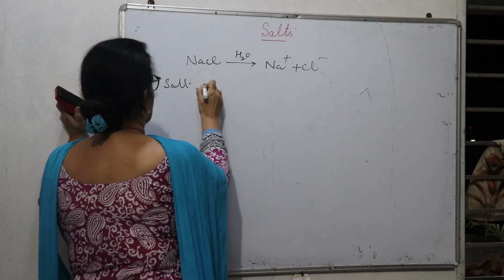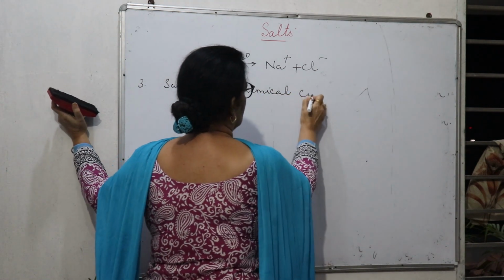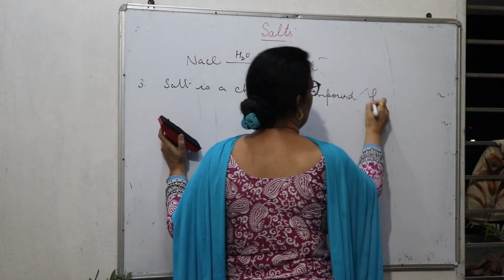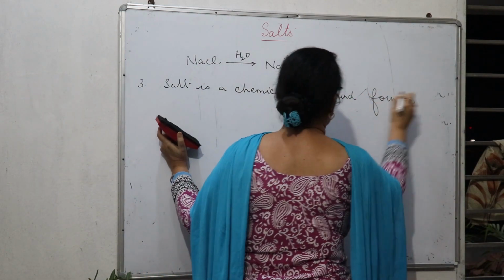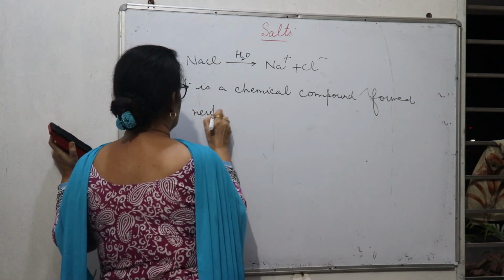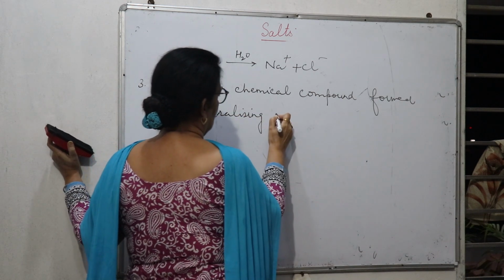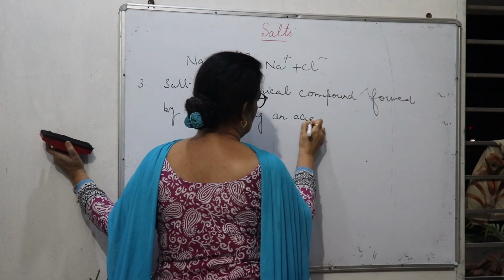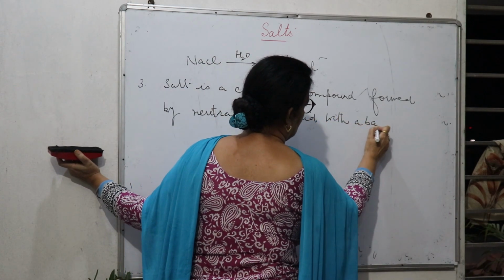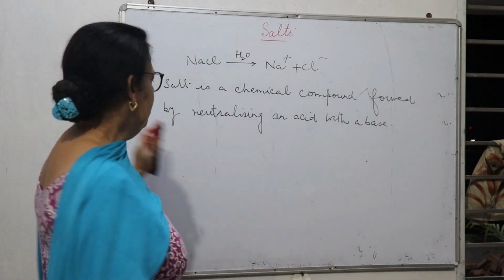salt is a chemical compound formed by neutralizing an acid with a base. By neutralization of an acid with a base.